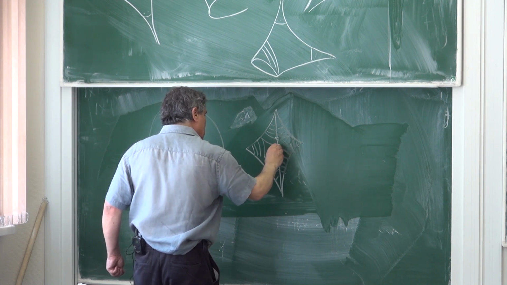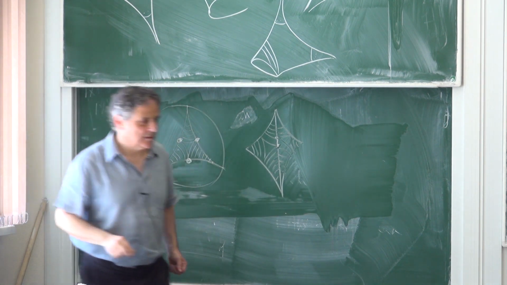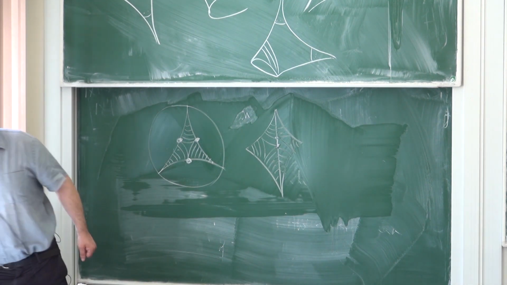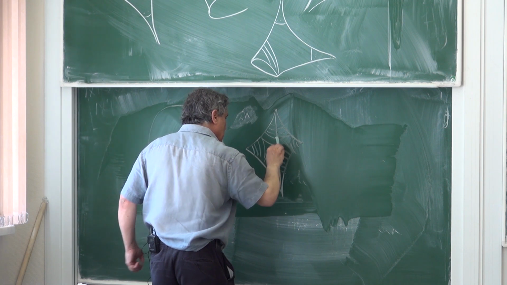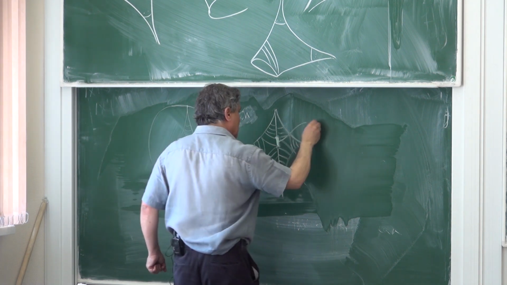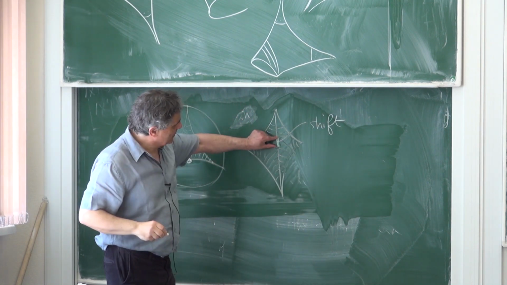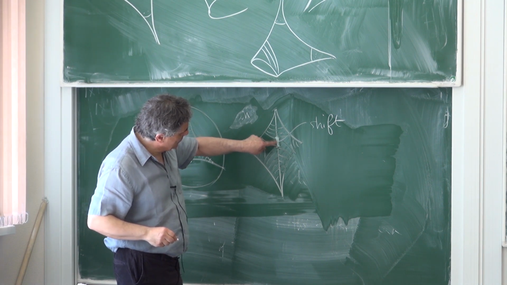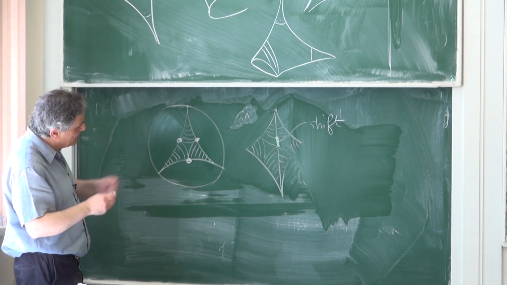I have this shift between the adjacent distinguished points, this shift between the distinguished points of adjacent ideal triangles, which can be positive or negative.